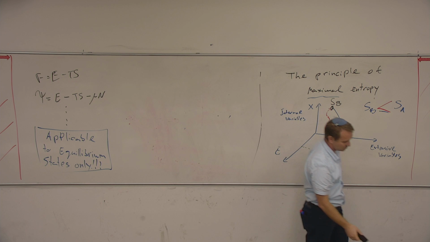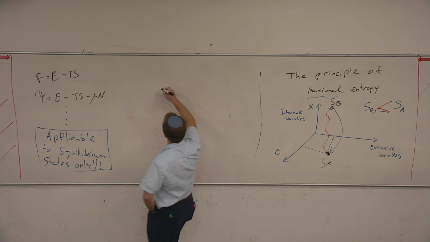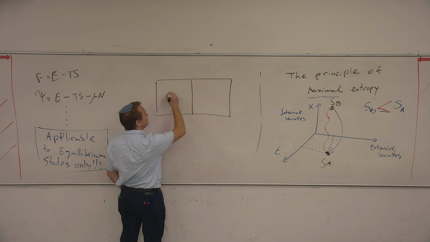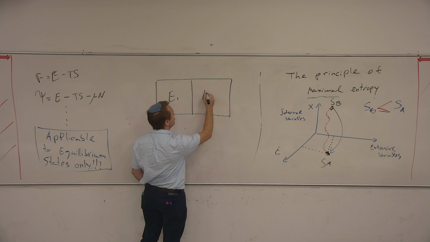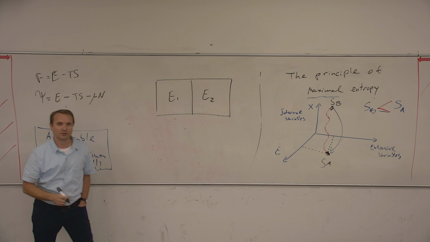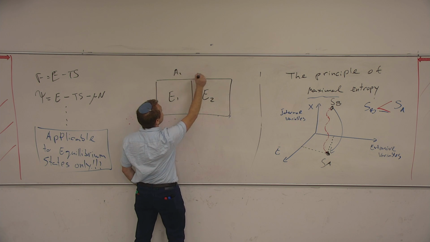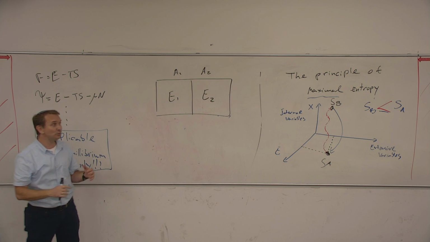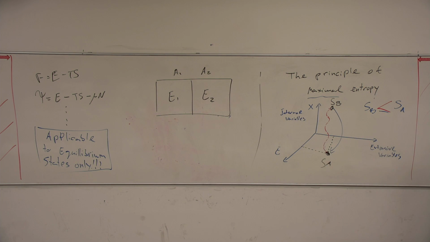Let's assume I have two systems in contact, and the energy of one system is E1, and the energy of the second system is E2. And they are in contact. And I want to know something about what the values of E1 and E2 are going to be.